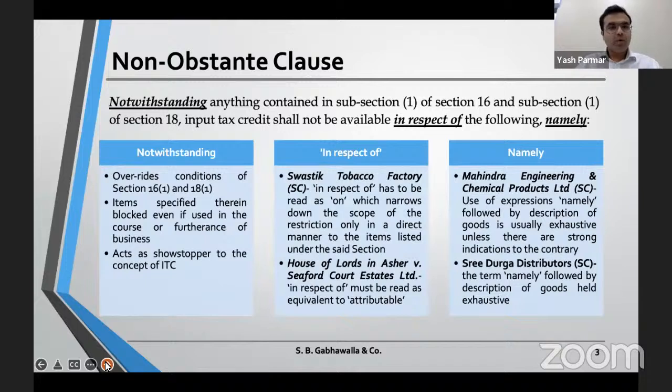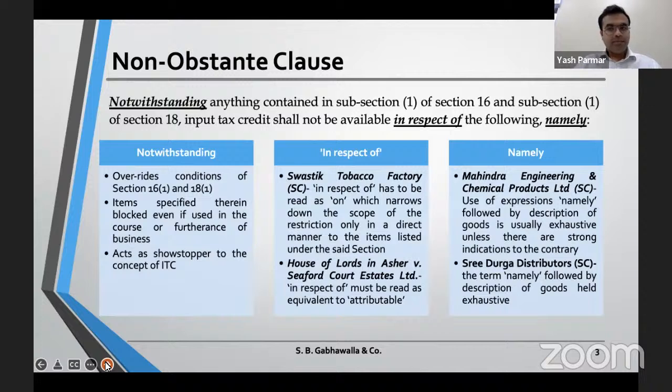It means that it overrides the conditions which are prescribed in any other sections of this law. And as you can read over here, it says notwithstanding anything contained in subsection 1 of section 16 and subsection 1 of section 18. So section 17(5) overrides section 16(1) and section 18(1) of CGST Act 2017.